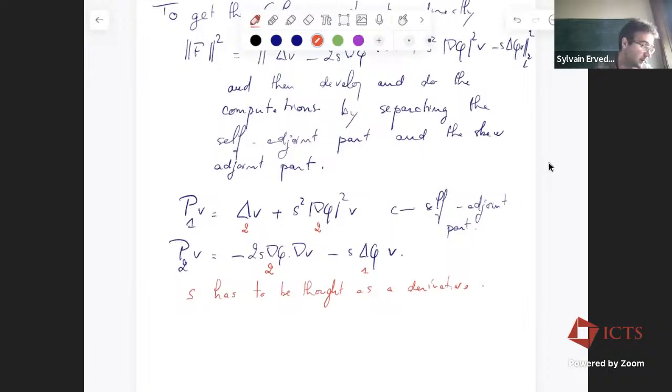So what is convenient for the computation is to put a 2 in here and then to introduce some remainder. So this is more or less the skew-adjoint part.